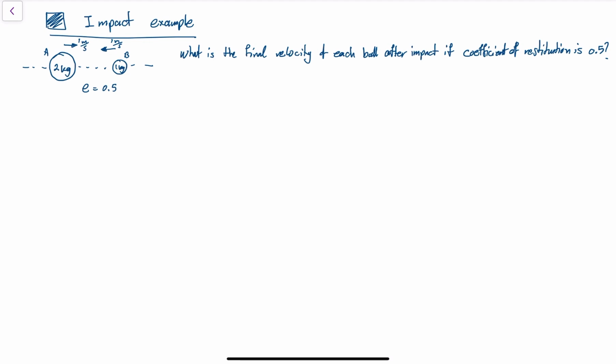So this is a classic impact problem. The line of contact is the same as the direction of velocities, so it's not an oblique impact. So let's see what we have.